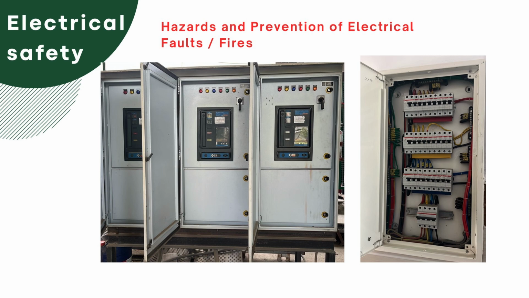And you can see the neutral link is there, the earth link is also there. And that is a good example of an electrical system where there are fewer chances of an electrical fire to happen.